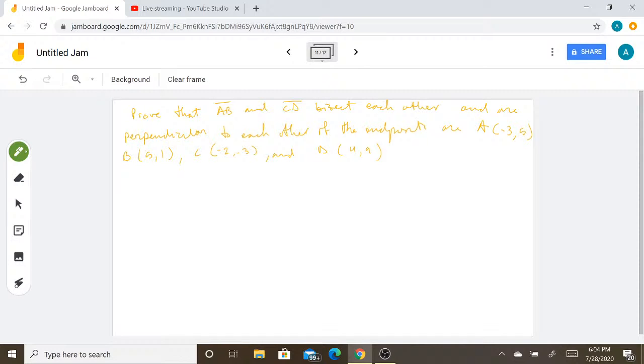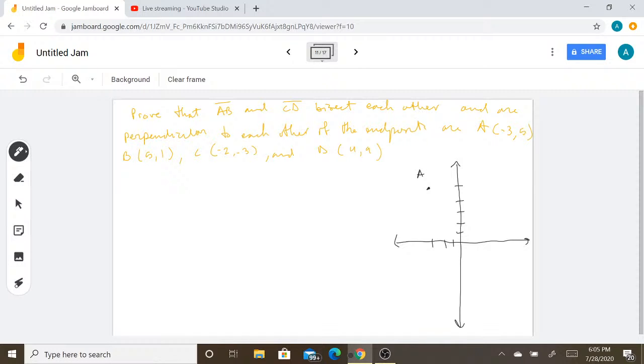So the first thing we can do is graph this on a coordinate plane. So if we have a plane, A is at (-3, 5), right here.